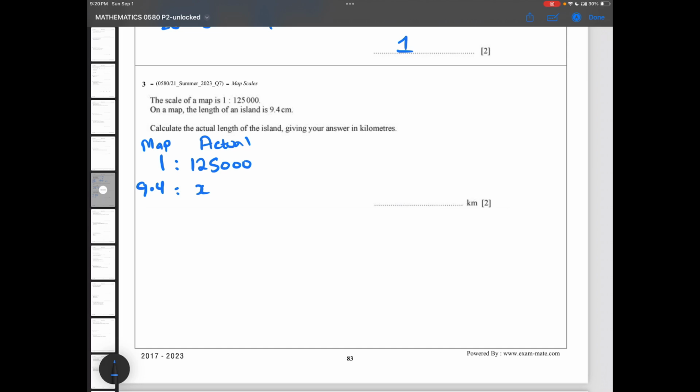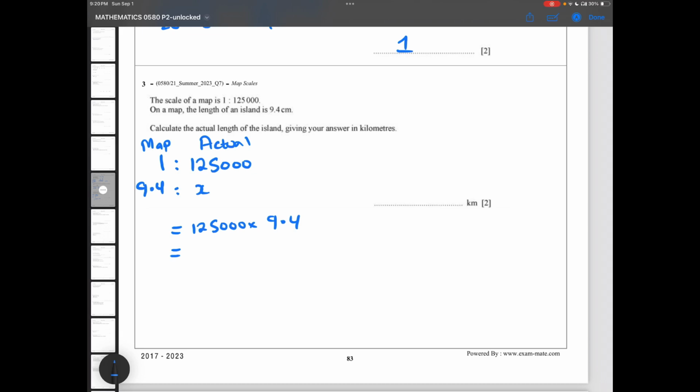You can cross multiply here as well. And other than that, it's simple that 1 represents 125,000, so 9.4 will represent 125,000 multiplied by 9.4, right?